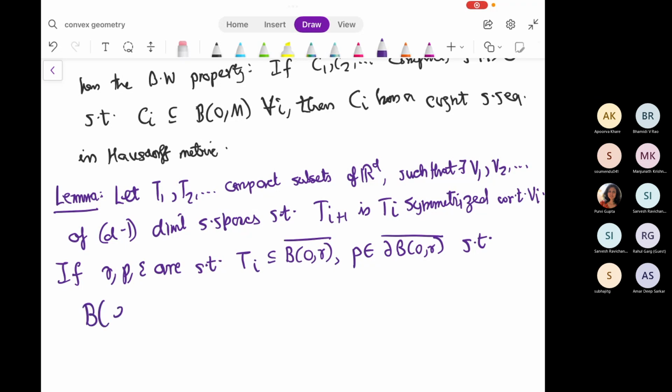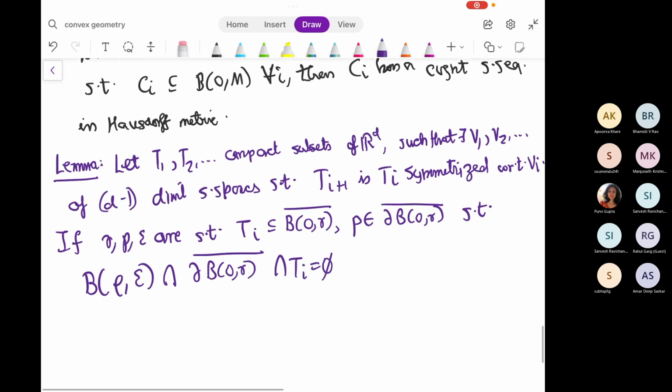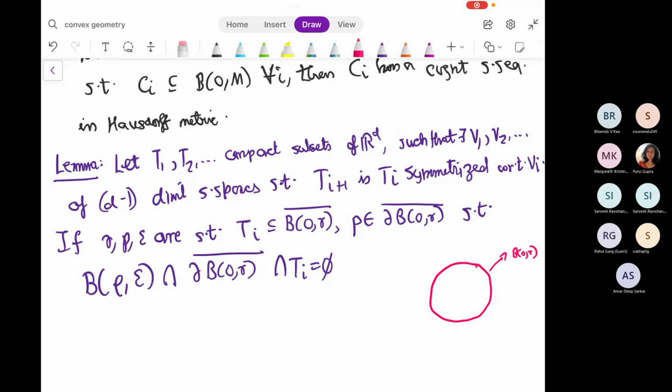I'll draw a diagram, of course, to explain what I mean. So this particular intersection is empty. What is this intersection? Let's draw T. First I'll draw the ball of radius R. So let's say this is the closed ball of radius R, and let's say this is T.